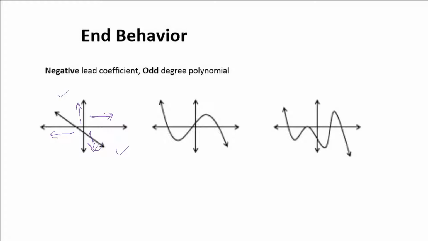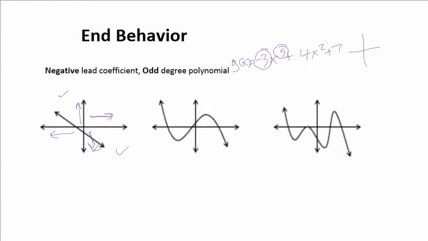For example, if we had the function negative 3x to the fifth plus 4x squared plus 7, let's call this g of x. If g of x is equal to this function, and we were to try to describe the end behavior, we would say that it has an odd power and a negative coefficient for its leading coefficient.